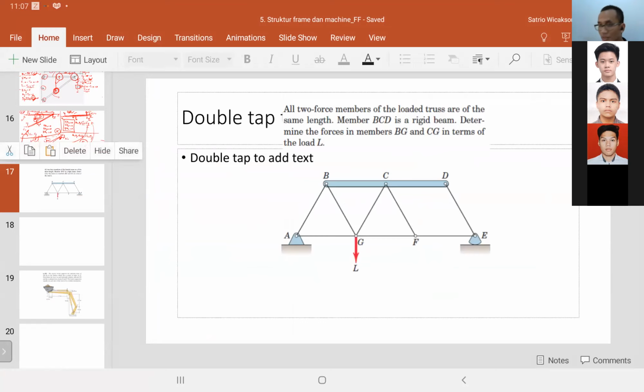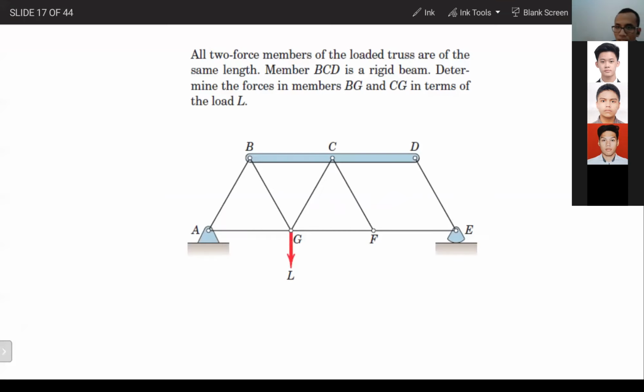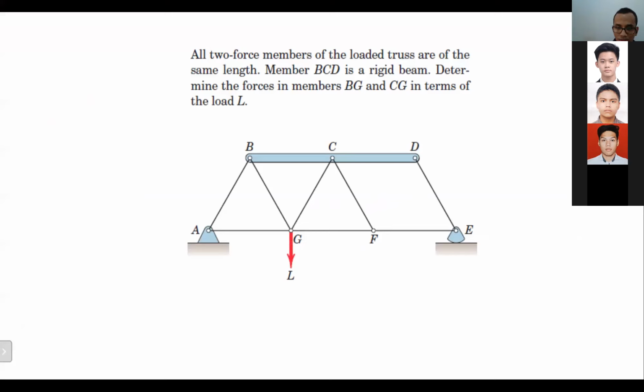Okay, now I think I will try to test you guys. What do you think about this? Is it a frame problem or a truss problem? I think it's a frame problem, sir, because the force is also applied at C as far as I see it.